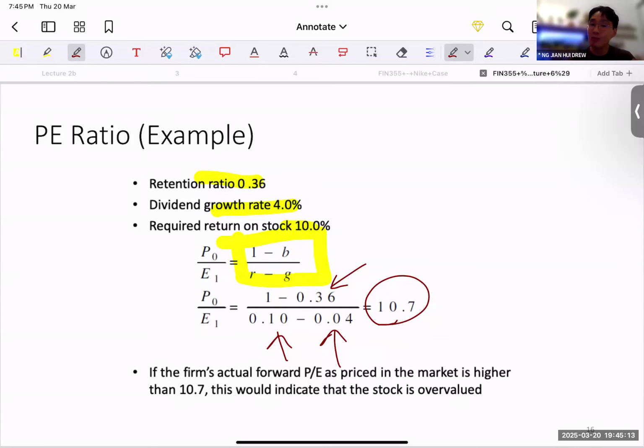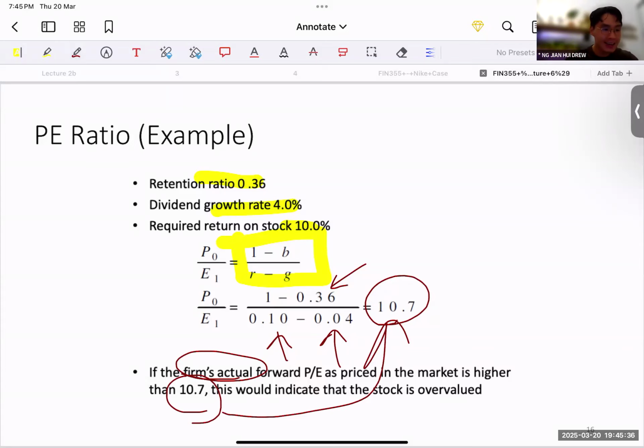So can you see now how we use the justified PE? We are comparing the actual with the justified that we calculated. Any questions for this? No? All right.